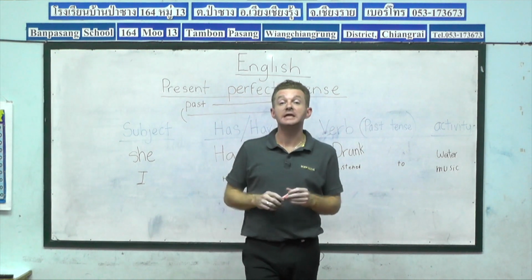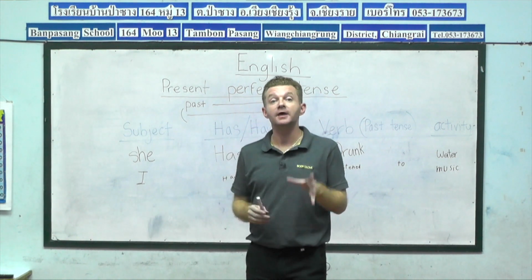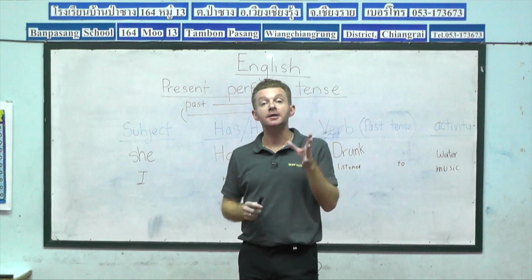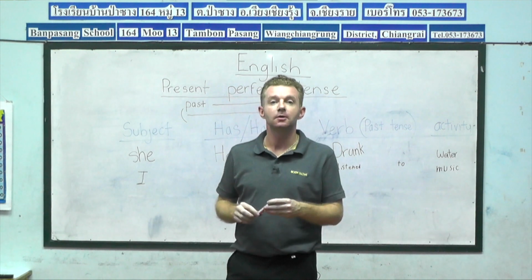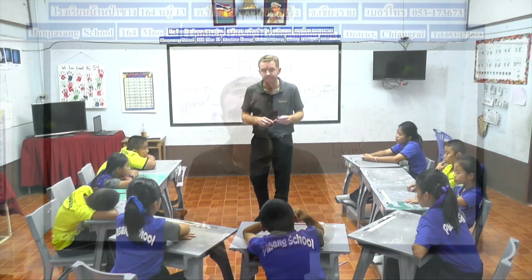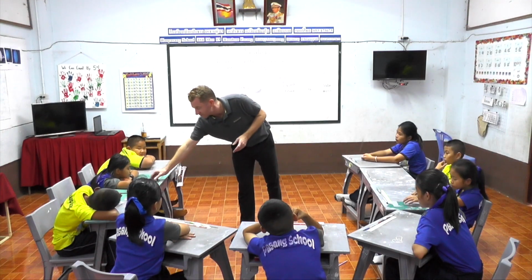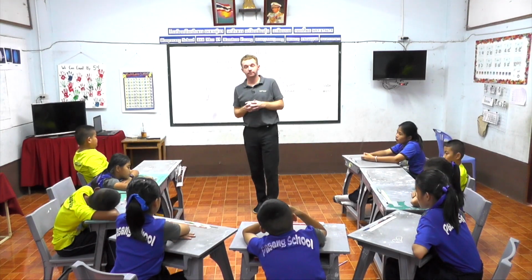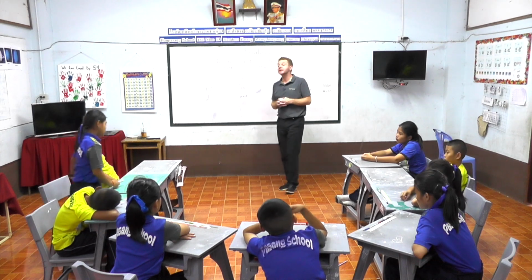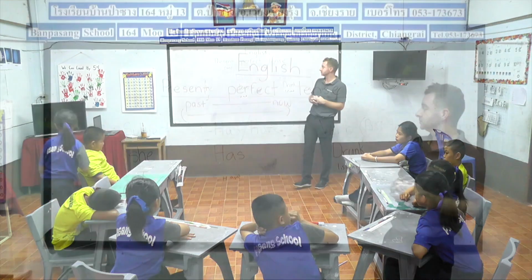So now we need another student to come forward and write his sentence in the present perfect tense. So let's see who we can choose this time. And now it's the turn of Pak Bung. So Pak Bung, come and join me at the front of class.